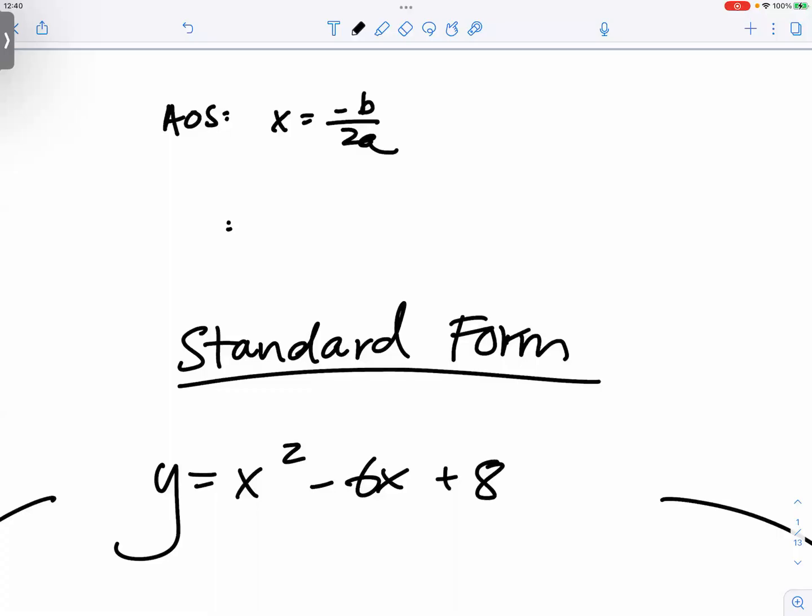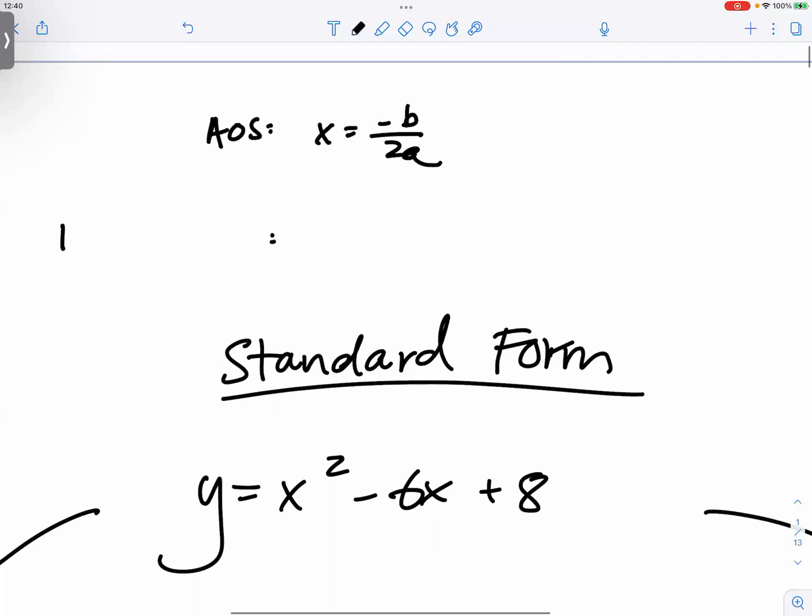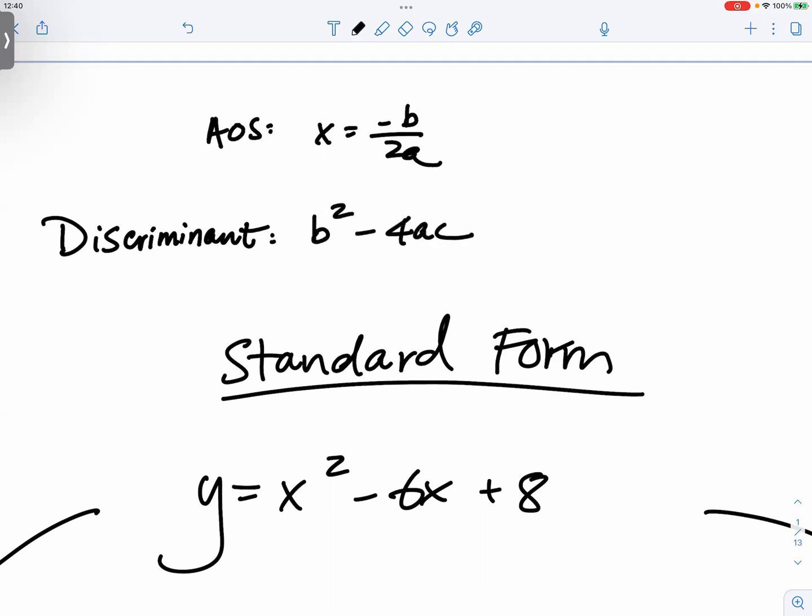The other thing that we can find out that starts with a D. Discriminant, which is b squared minus 4ac. Not with the root, all right? Just b squared minus 4ac.